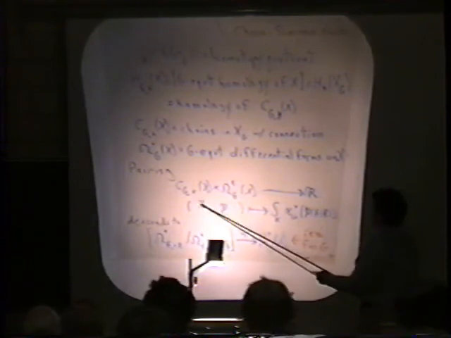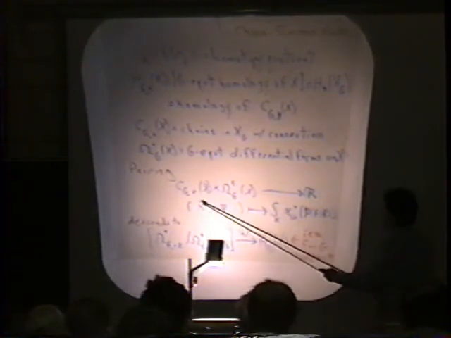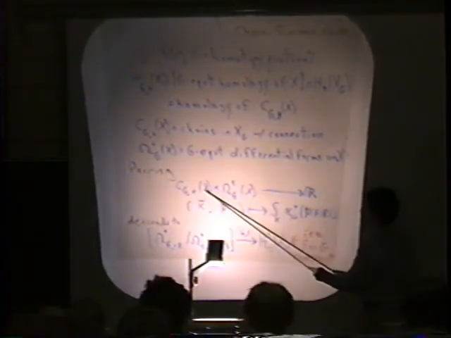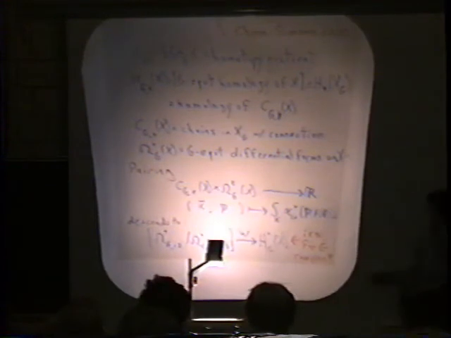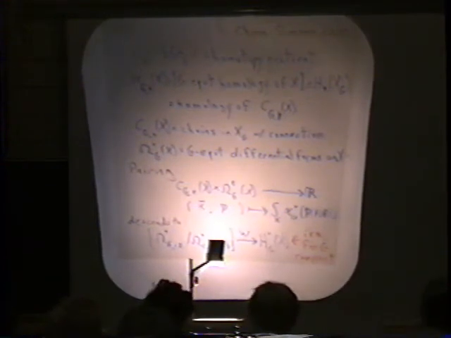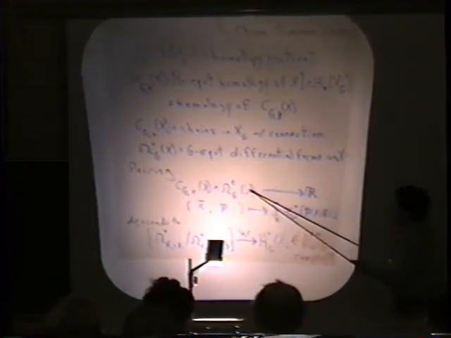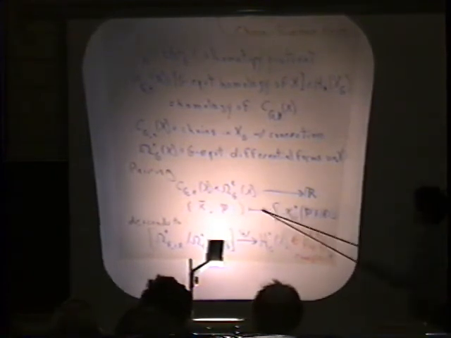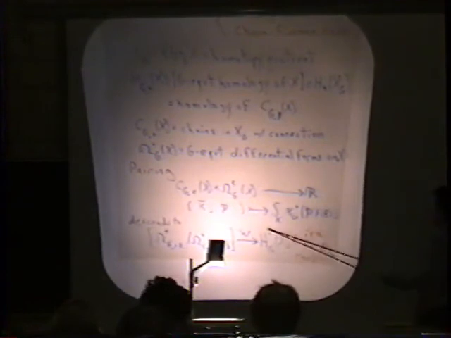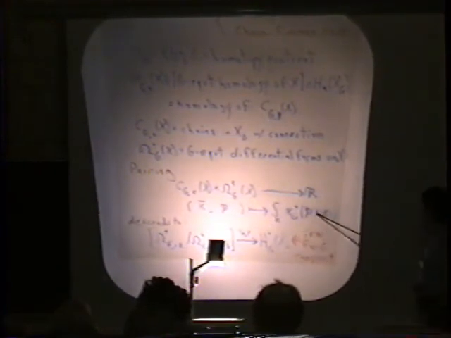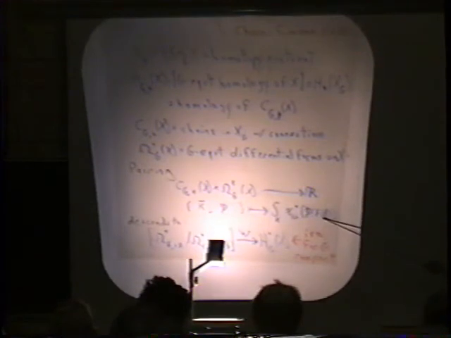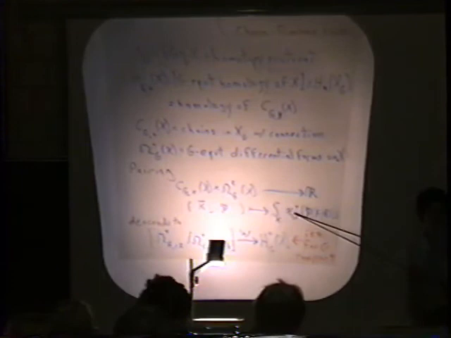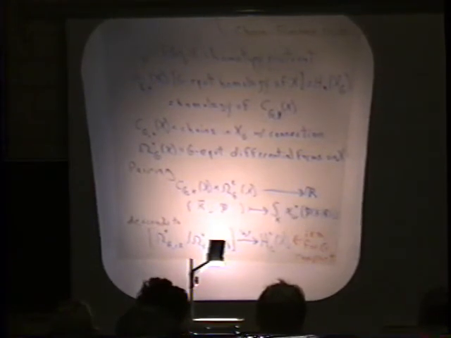If kappa is a chain in X, and the bar means it's also equipped with a connection A, and P is a differential form on X tensored with symmetric polynomials, then we can just generalize what we did before, integrating over the manifold P of f of A by integrating over the chain P of the symmetric polynomial, and then we use the universal section to pull that back and get the form here.